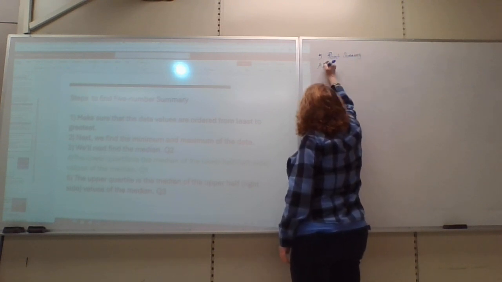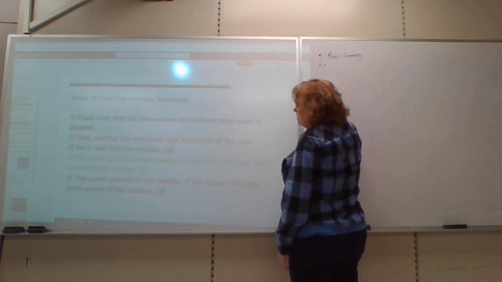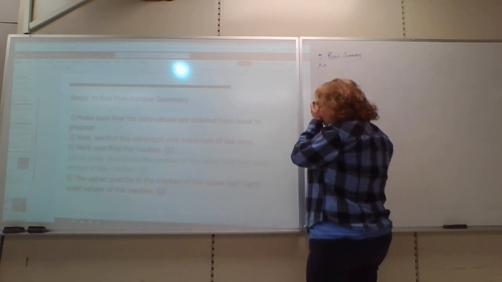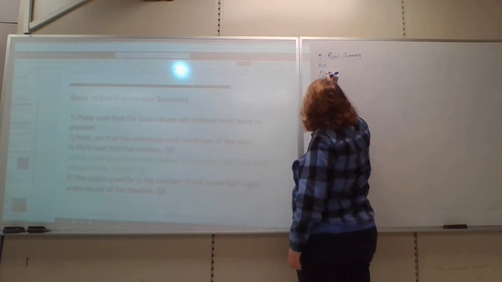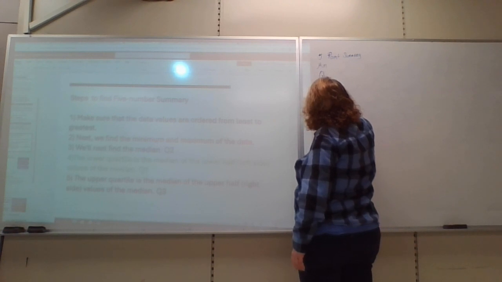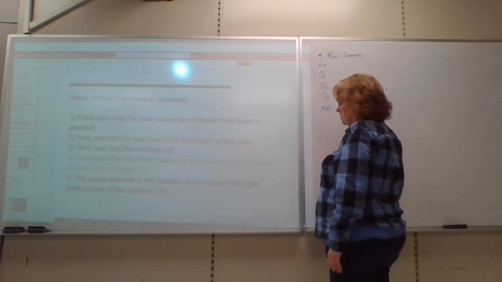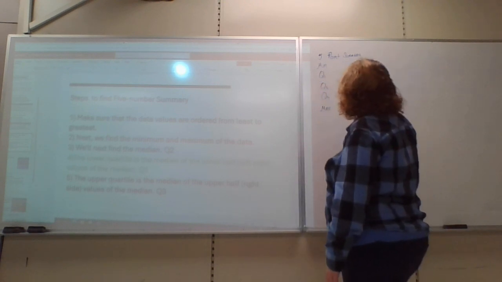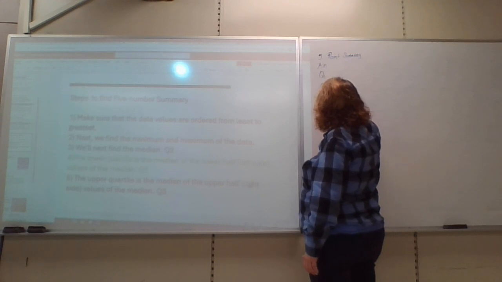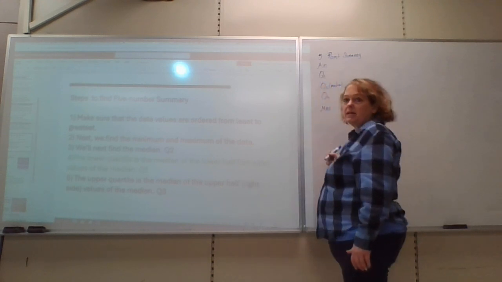You're going to have a min, and then we're going to be finding Q1, Q2, Q3, and a max. And the Q2 will be my median. And we talked about what it means to be a median on Monday.